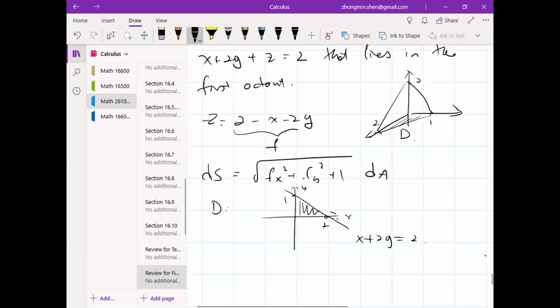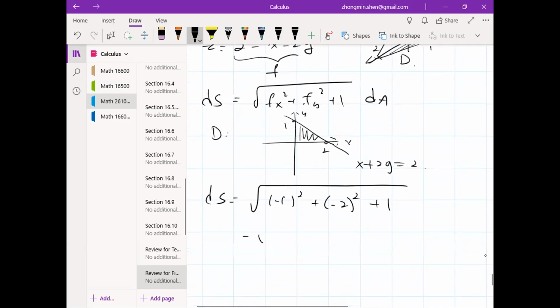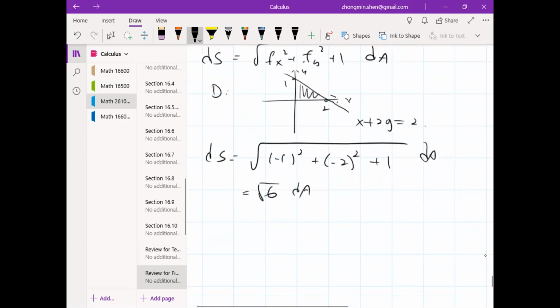All right, so let's find out the dS. dS involves the partial derivative of f with respect to x, which is negative 1, and the partial derivative of f with respect to y, which is negative 2. After we simplify, it's going to be square root of 6. All right, so we are almost done.